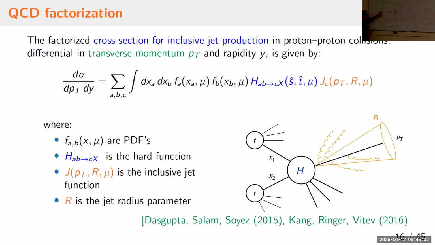So pT R can be viewed as an evolution variable because it comes alongside the mu. If you take the derivative with respect to mu, you get the DGLAP evolution equation with respect to R. But R is actually a measurement, an observable. Okay, thank you.